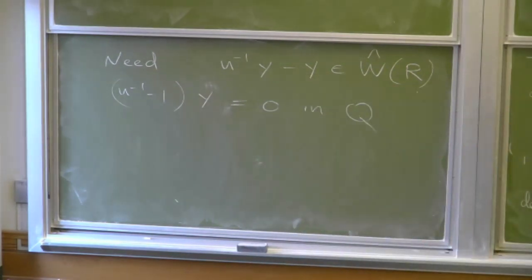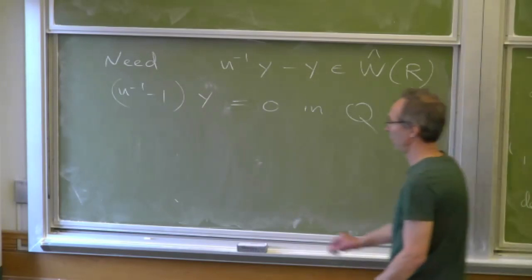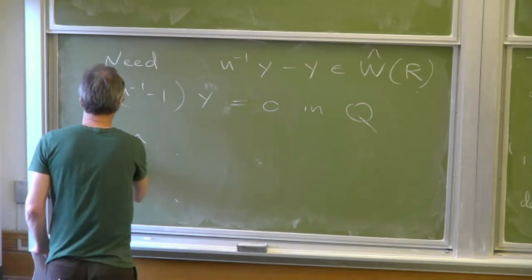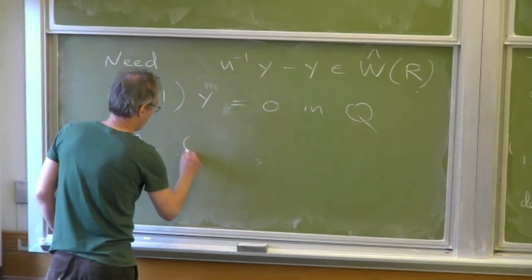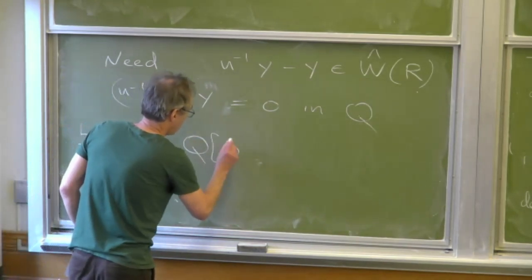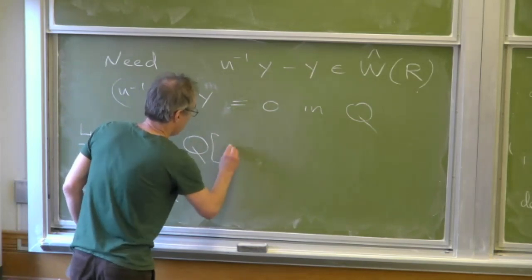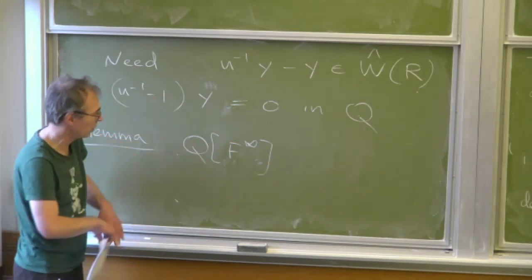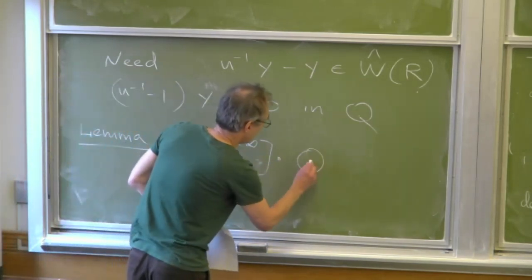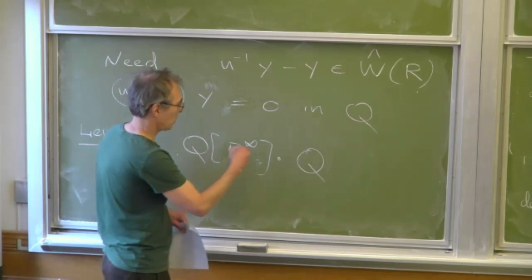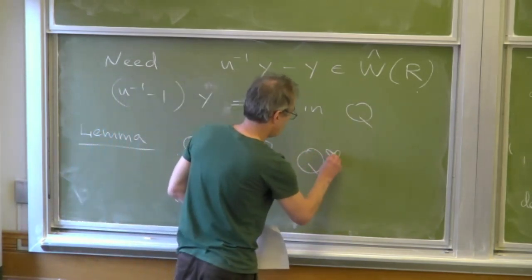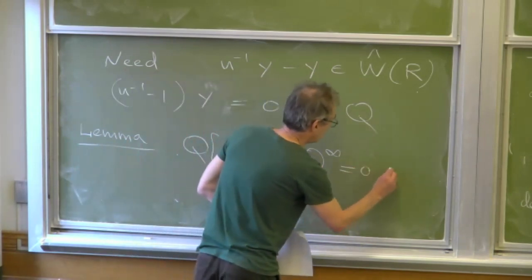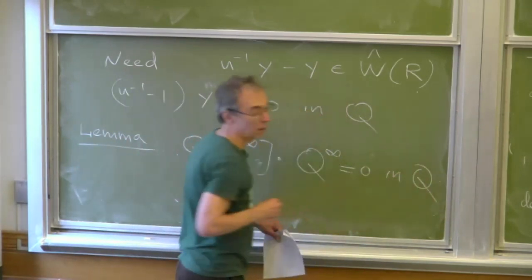But now I want to recall the lemma that we proved at the very beginning. If I have any element in Q which is F-infinity power torsion, and I multiply it with a vector whose all coordinates are nilpotent, then the result is 0. Let's use this one.